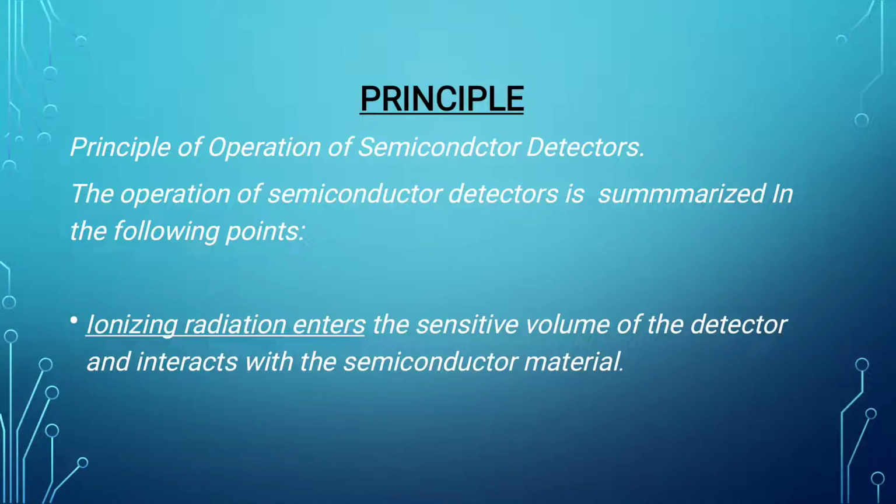Principle of operation of semiconductor detectors. The operation of a semiconductor detector is summarized in the following points. First point is ionizing radiation enters the sensitive volume of the detector and interacts with the semiconductor material.